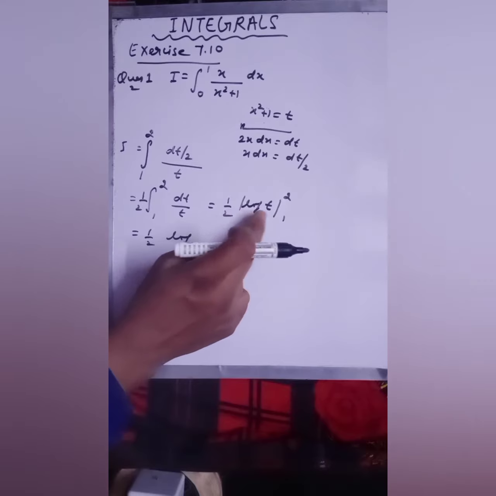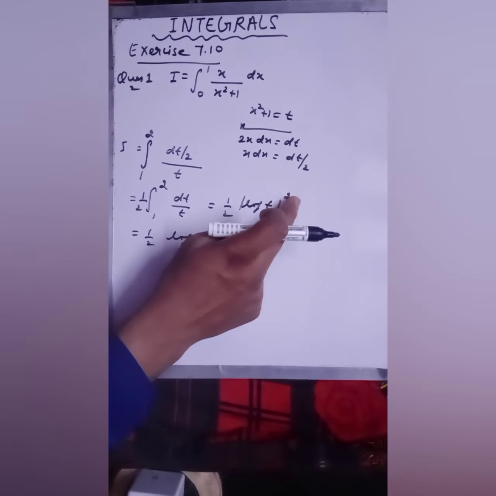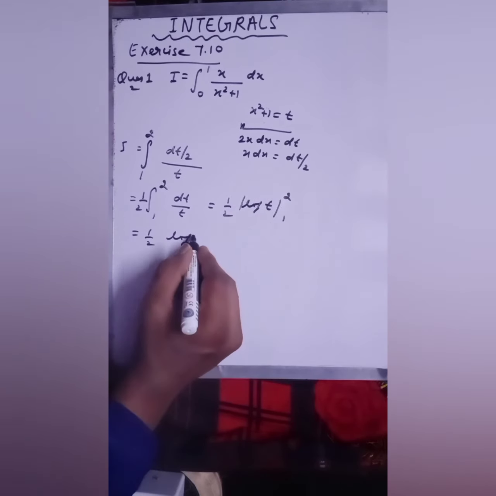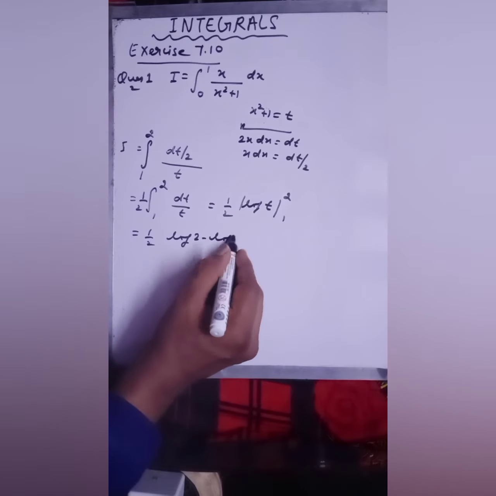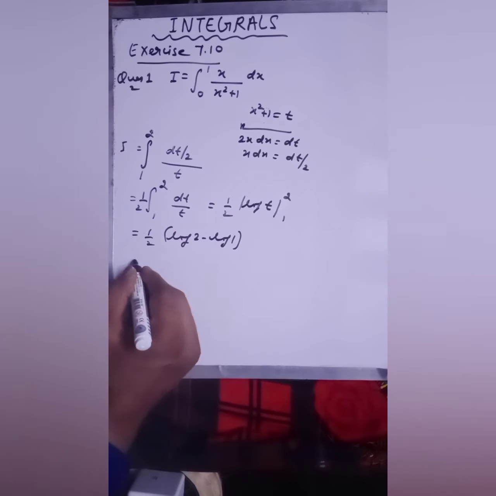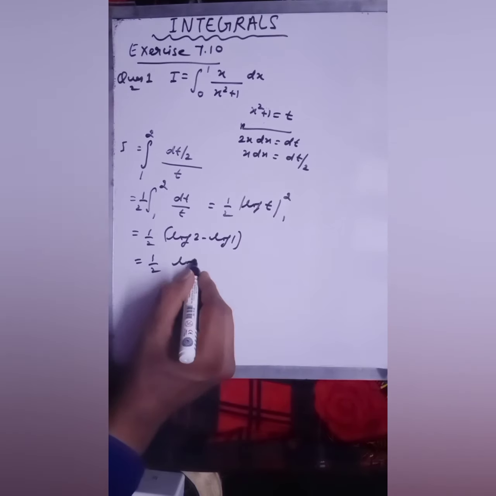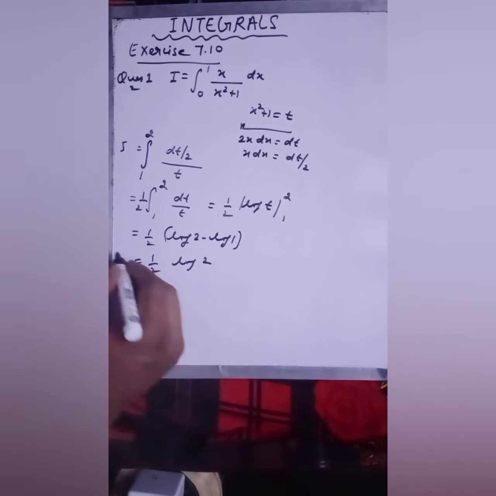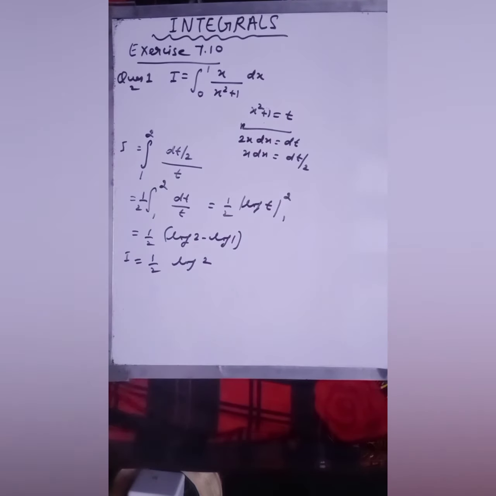Now you have to put the value of t. First of all we will put 2, then 1. So log 2 minus log 1, that is half log 2. This is the required answer of your question number 1. Got it, children?